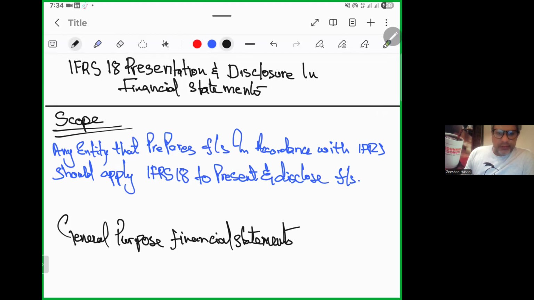General purpose financial statements are a particular form of general purpose financial reports that provide information about the reporting entity's assets, liabilities, equity, income, and expenses.